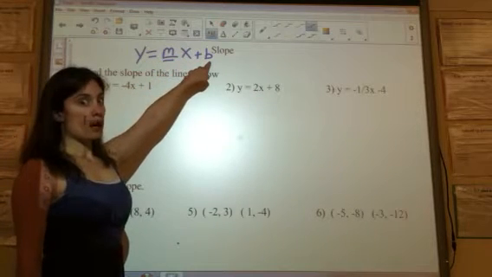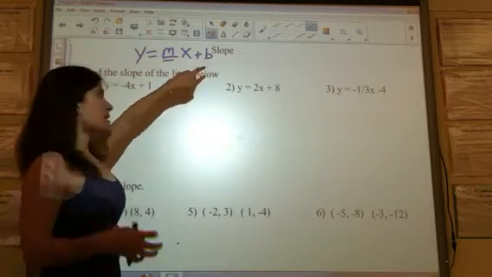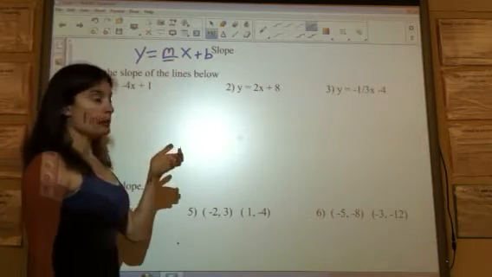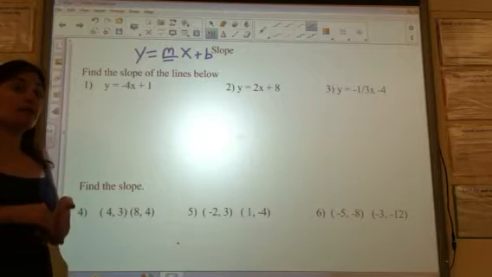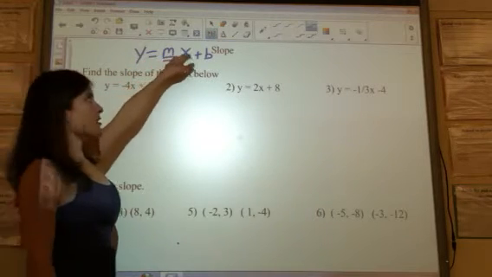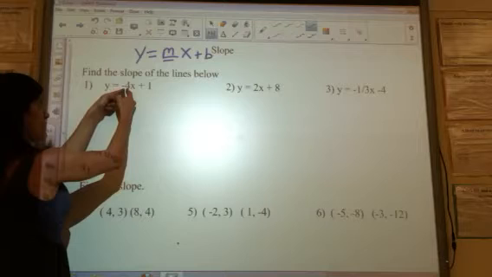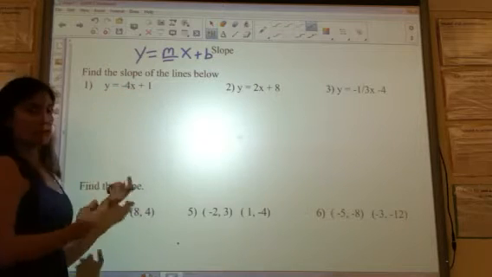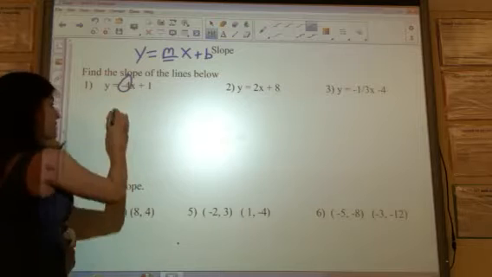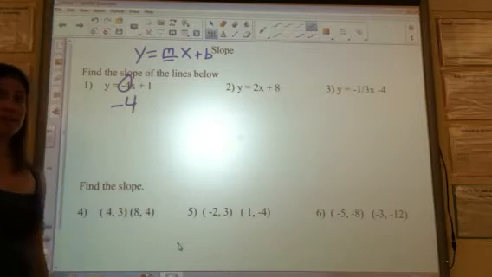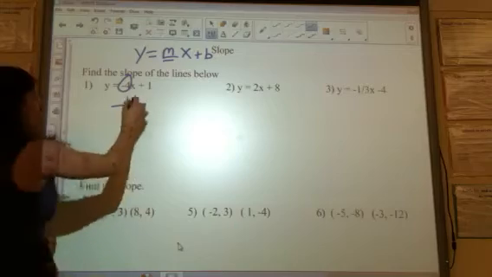We're going to learn about b tomorrow in our y-intercept video, but today we're just learning about the m, which is the slope. All you have to do to find the slope of a line, when you are given an equation in y equals mx plus b form, y is alone, some number in front of x plus or minus some number, you're going to look at the number in front of x, that is going to be your slope. It's that easy, okay?